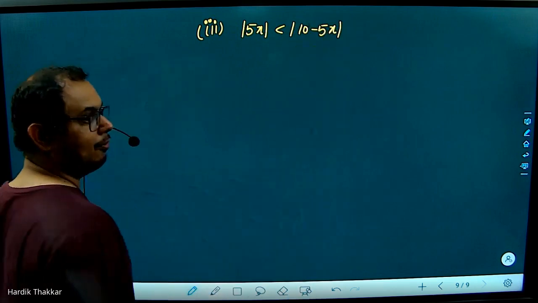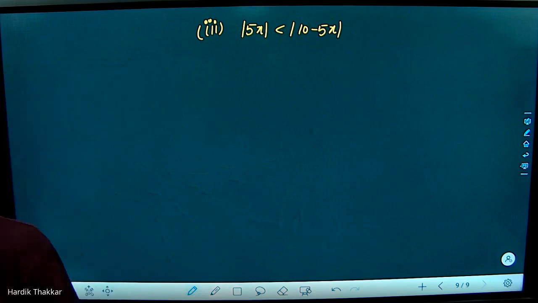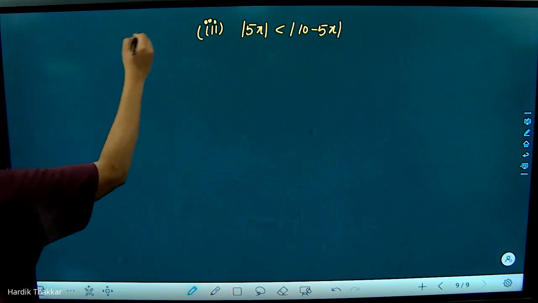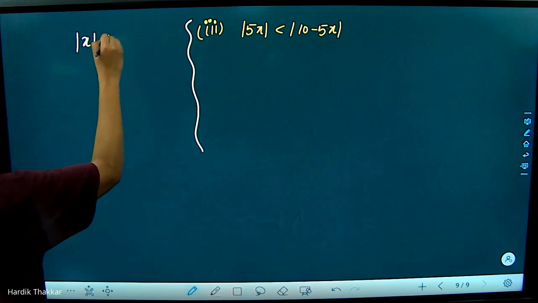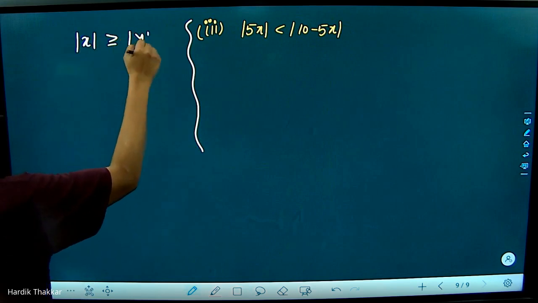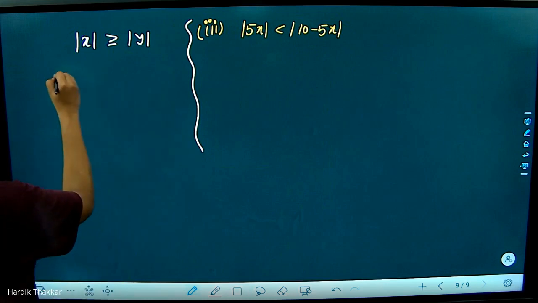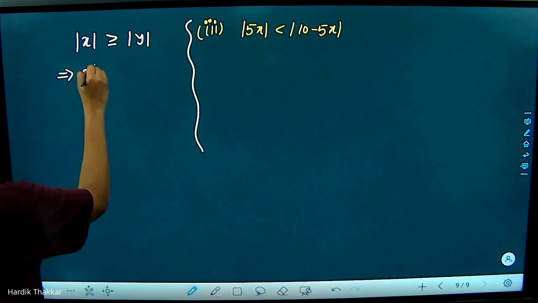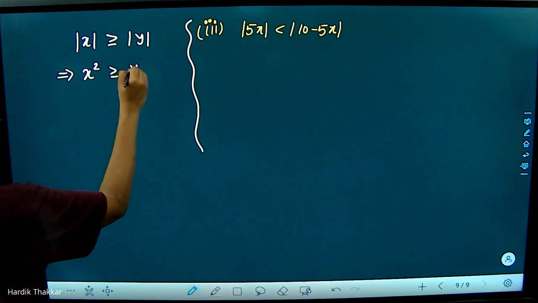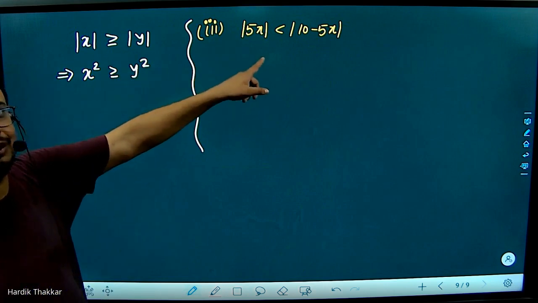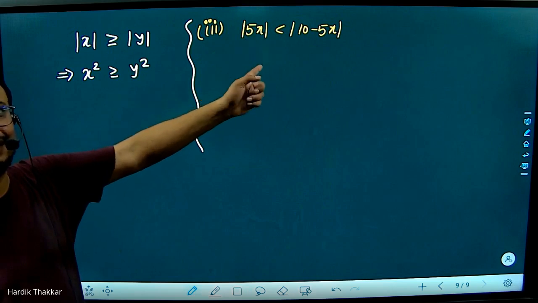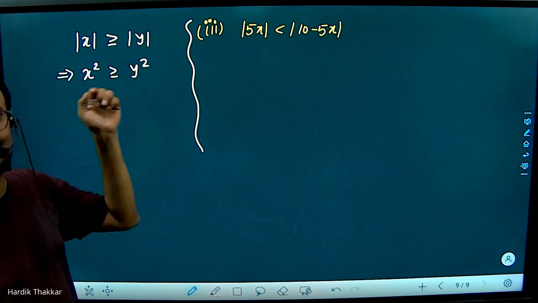For this we have to apply one property of modulus: if we have mod x greater than or equal to mod y, then it implies that x square is also greater than or equal to y square. For these types of questions where both sides have a mod, we will apply this property and solve.